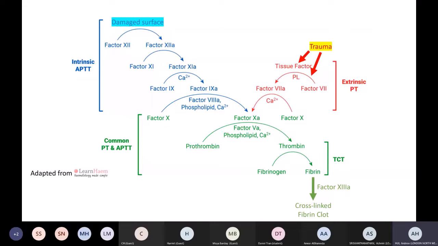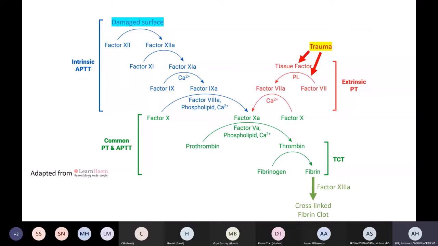Both of these lead to the common pathway. So I always like to think about it like this: any derangement or deficiency in clotting factors in the intrinsic pathway is going to cause a prolonged APTT on your coagulation screen. But any deficiency in clotting factors on the extrinsic side is going to cause a prolonged PT. And of course, if you have problems in the common pathway, it's going to affect your PT and your APTT.